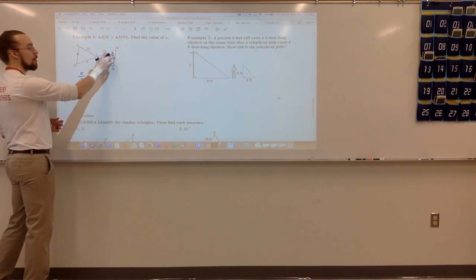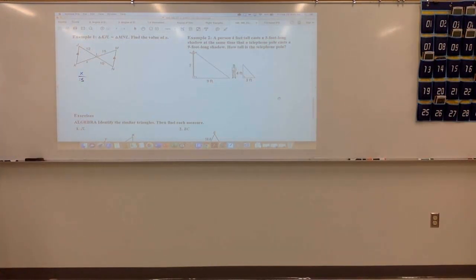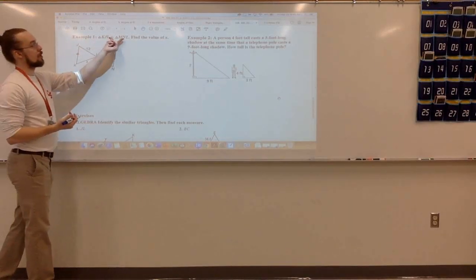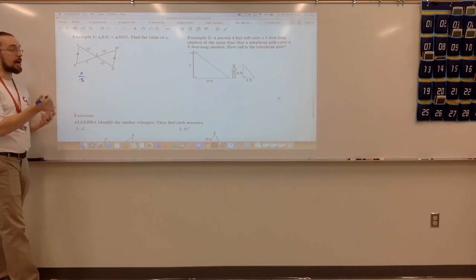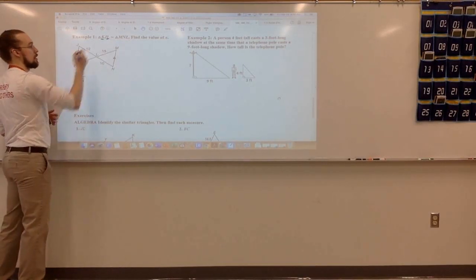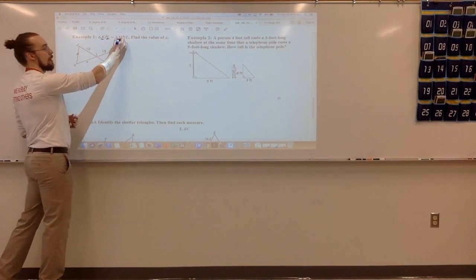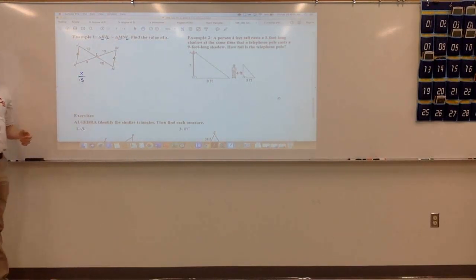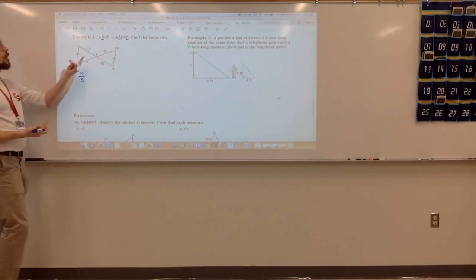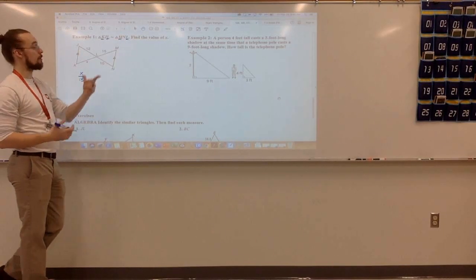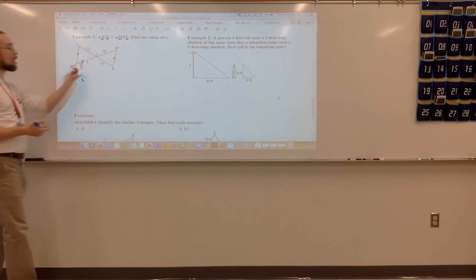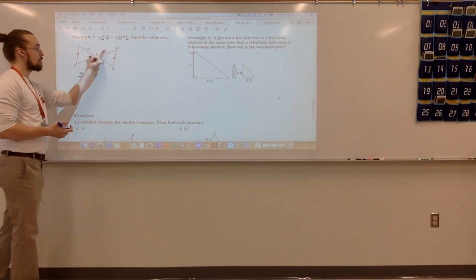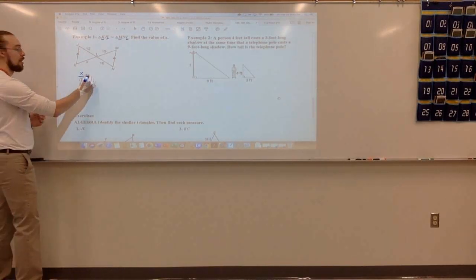So what we want to think about, in a figure like this, if we look at our similarity statement, x is side KL. KL matches up with ML in the other statement. So if we are given a similarity statement, we want to use it to make sure we're matching up the correct corresponding sides. So the x and the 15 would be corresponding sides here.